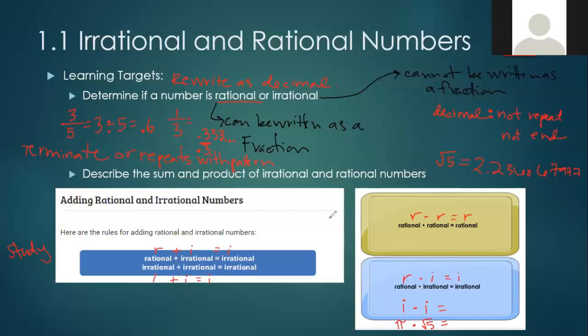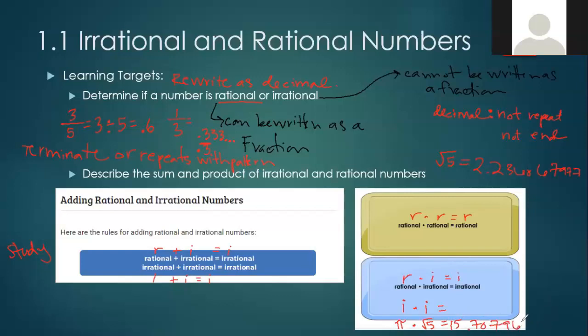So I'm going to do square root of 5 times pi. There's pi on this guy. There you are. All right, when I multiply these two things together, I'm getting 15.70796.